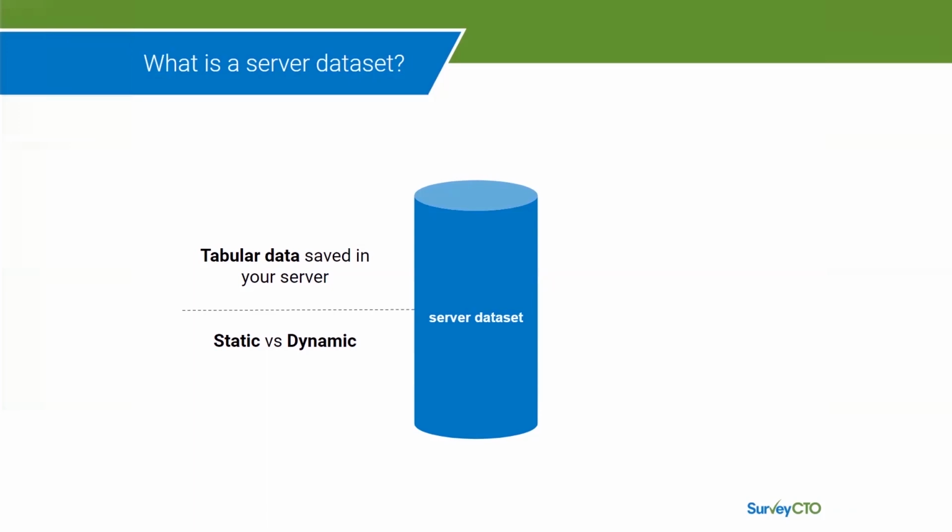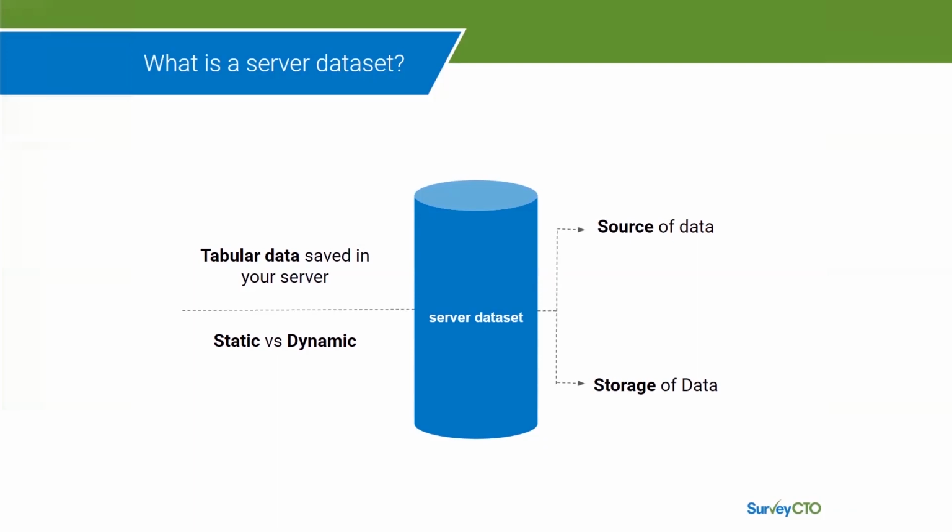So therefore, a dataset can serve two purposes: to be a source of data, so you are able to pull the existing data to your form, and or to be a storage of data, so you are able to publish data from one or more forms.